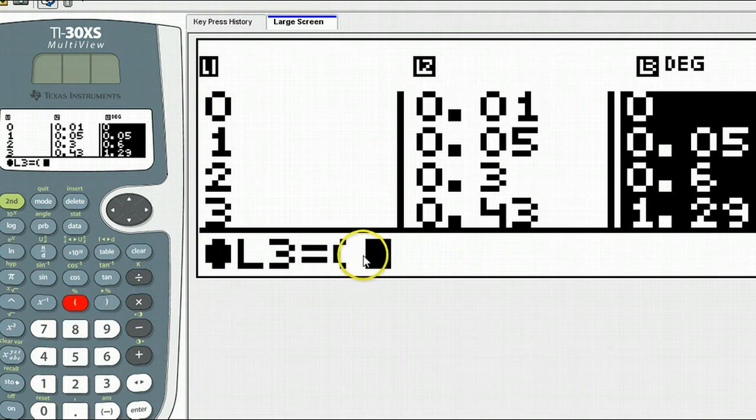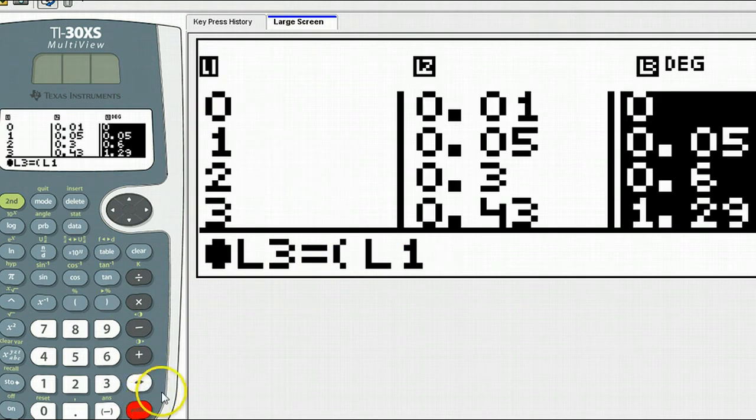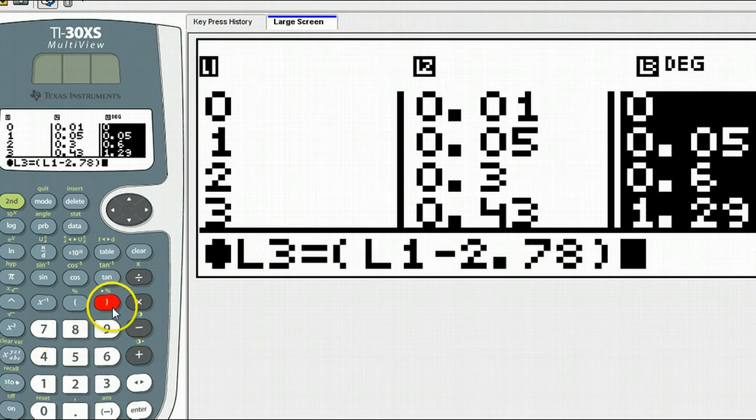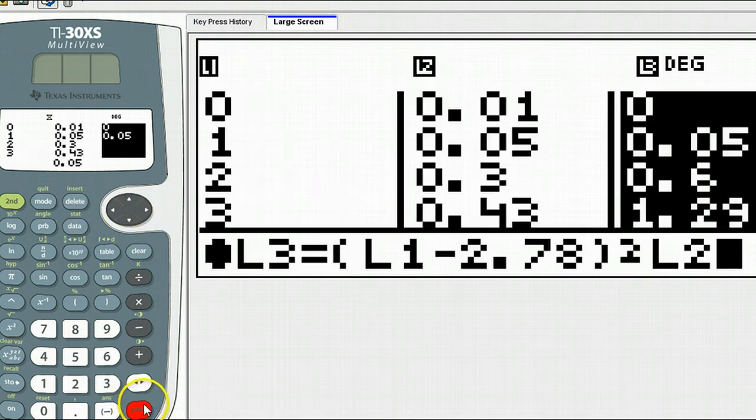Now we want the x's. The x's are in list 1, so I'll hit data and list 1. And then it's supposed to be minus the mean. The mean was 2.78, close parentheses, squared. And then here we're supposed to do times each probability. Well, the probabilities are in list 2, so I'll hit data and choose list 2. So this is the proper formula for the variance.